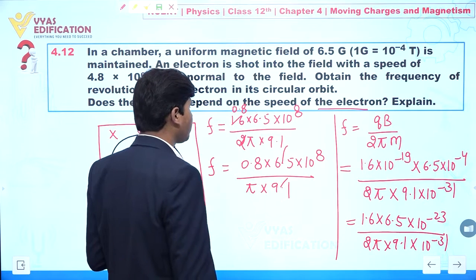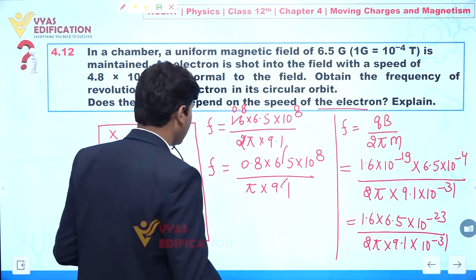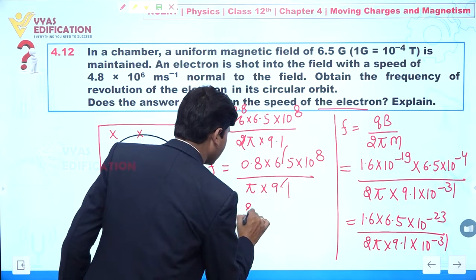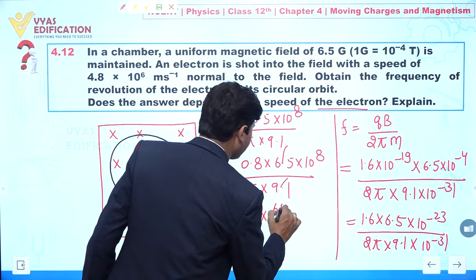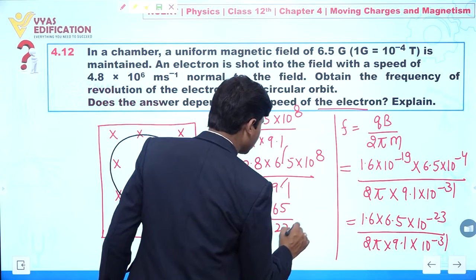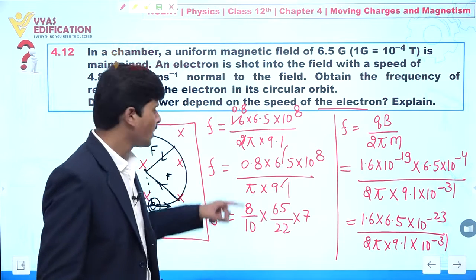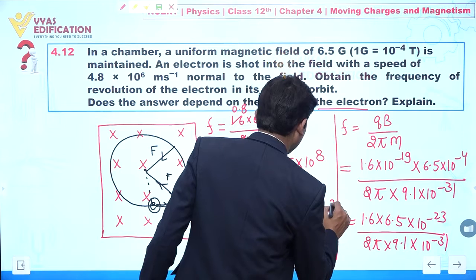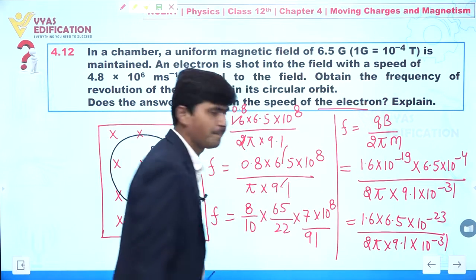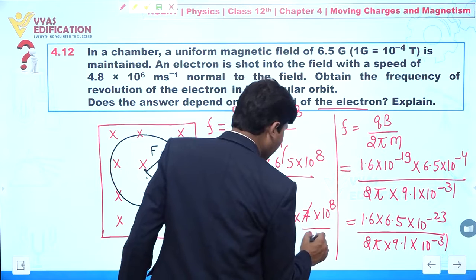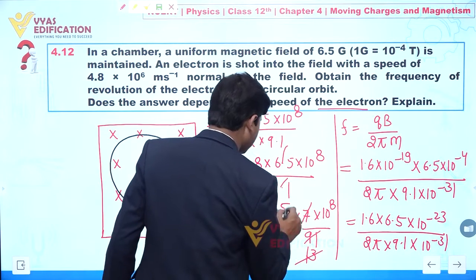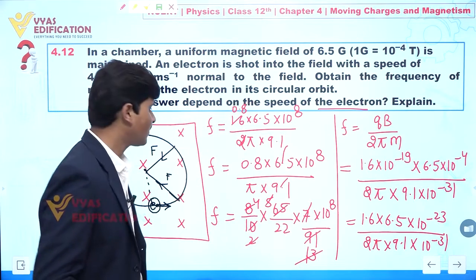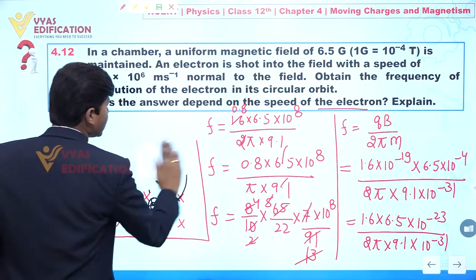So f should be equal to, I am just writing like this, 8 by 10 into 65 divided by pi, taking pi as 22 by 7, into 10 to the power 8 and divided by 91. Now we can cancel like this, and the calculation becomes very easy.